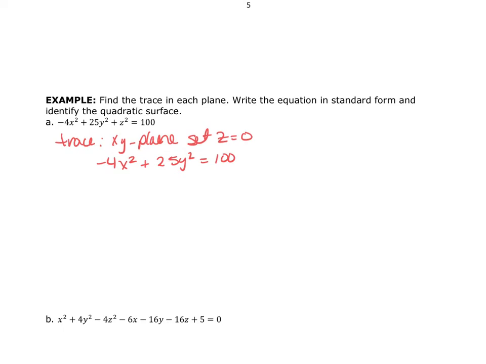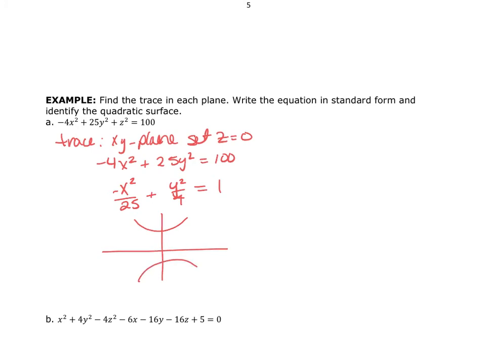So I would divide everything by 100, and so I'd have negative x squared over 25 plus y squared over 4 is equal to 1. And we know the trace then in the xy plane is a hyperbola. That in the xy plane would be hugging the y-axis. So in the xy plane, it would look something like this.